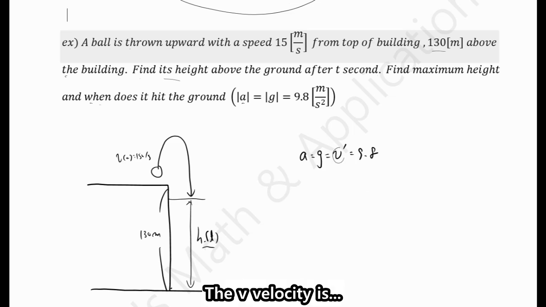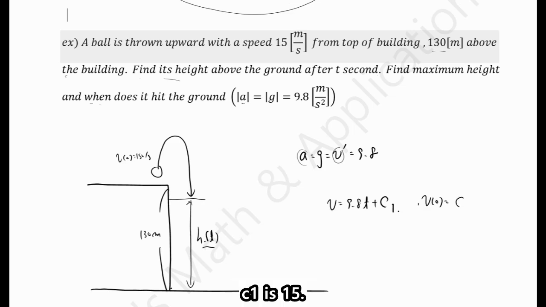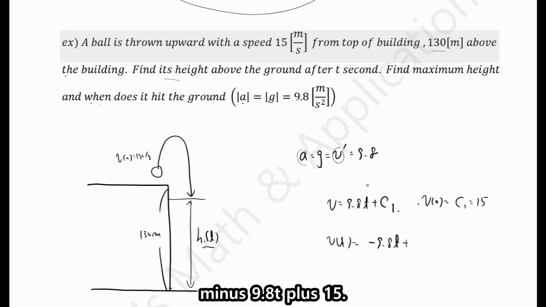The velocity is the antiderivative of acceleration, so v is minus 9.8t plus c1. The v(0) gives c1 is 15. So v(t) equals minus 9.8t plus 15.